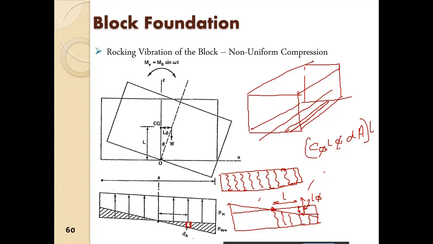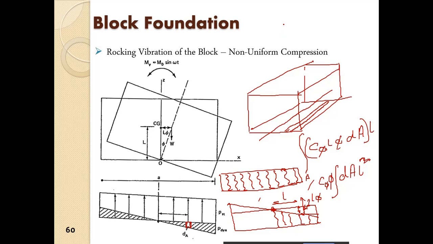Then what is the total moment? We integrate about this point, about the whole area. Here we can take out C phi and phi, and we have to integrate dA into L square.